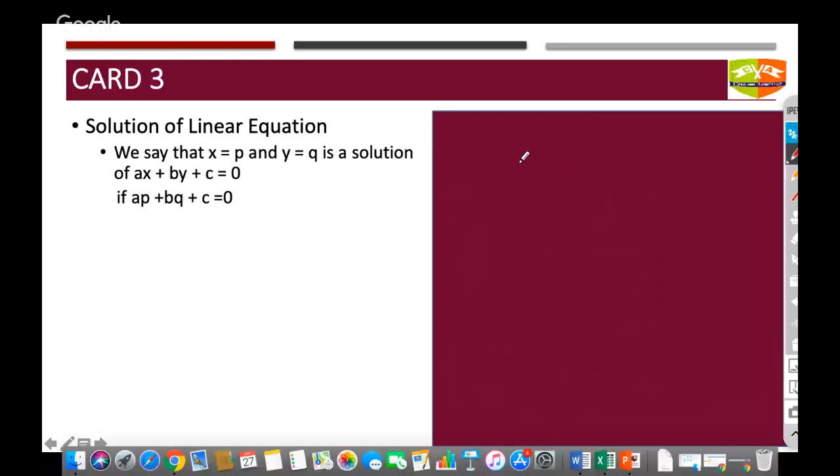Suppose I take any equation, ax plus by plus c is equal to 0, and I replace x with any number p and y with any number q, such that ap plus bq plus c becomes 0. x is equal to p and y is equal to q is known as a solution of this equation.